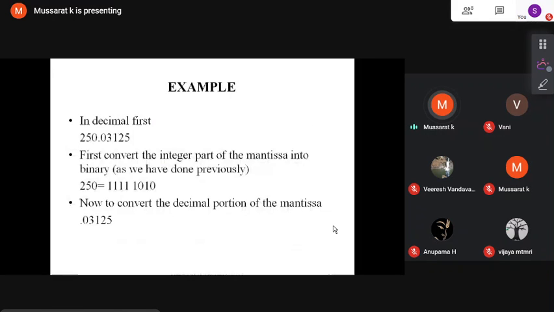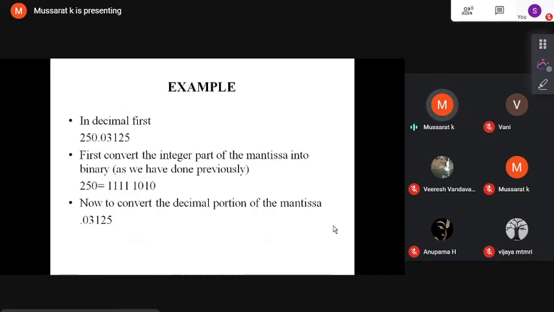So, for example, take 250.03125. First, we have to convert the integer part into a binary number. We take 250 and convert it, and after converting this decimal number to binary we get 11111010.